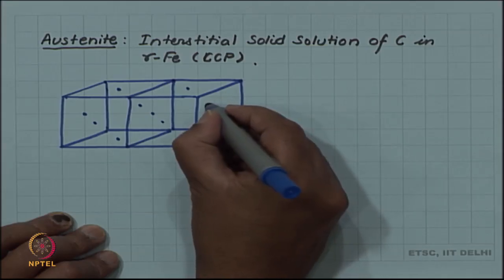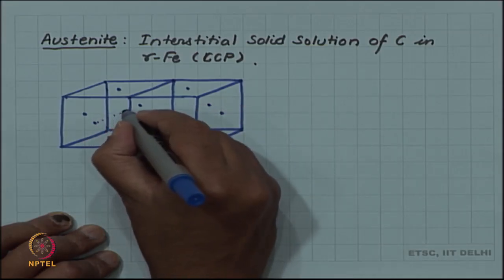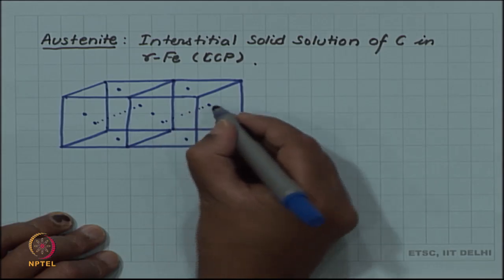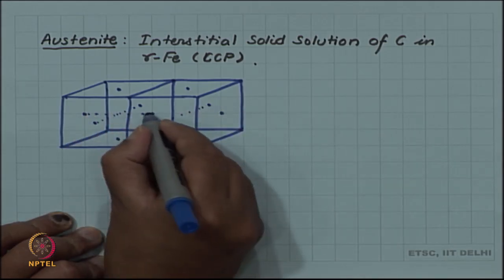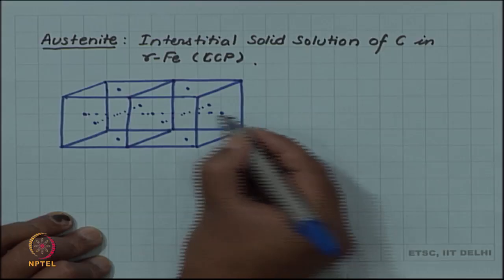Maybe we should connect them with dotted lines, otherwise it becomes quite confusing.